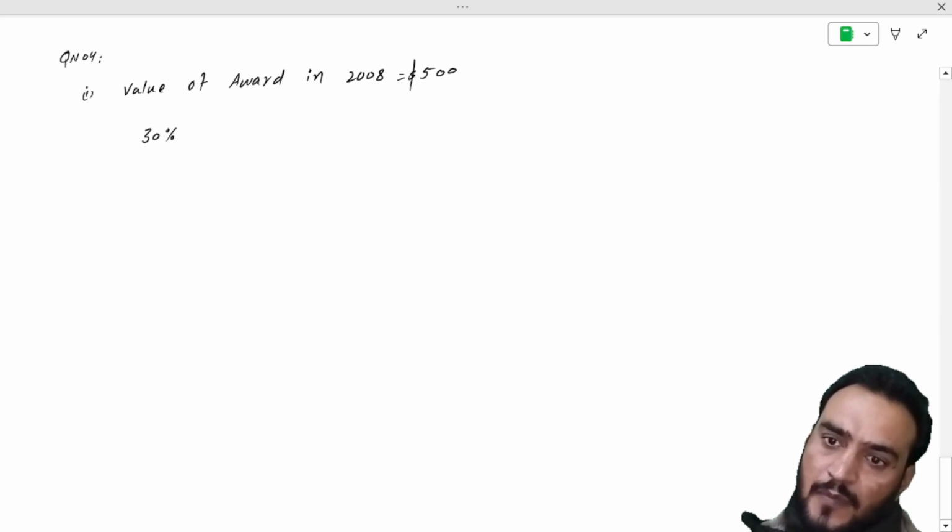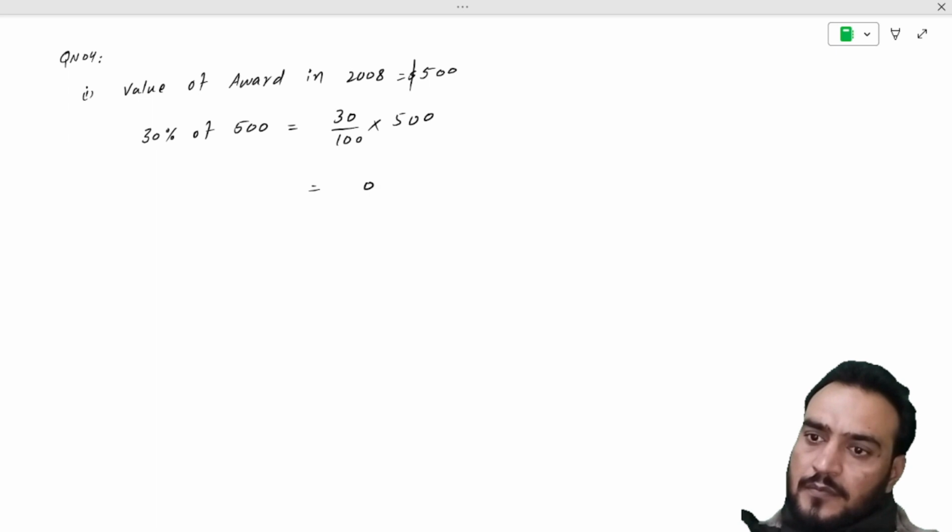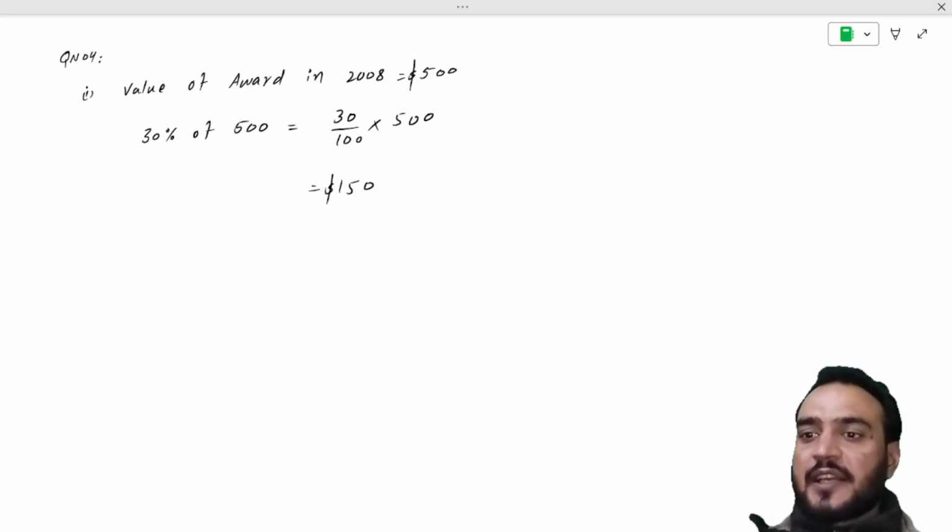30% of 500 is equals to 30 over 100 times 500, $150. This amount is increased from 2008 to 2009.